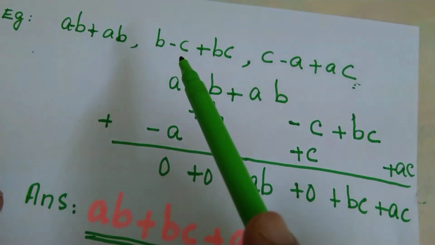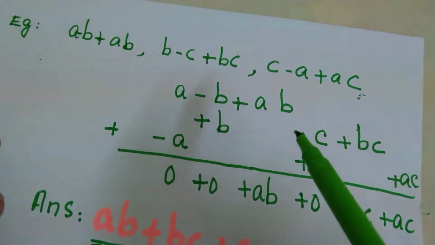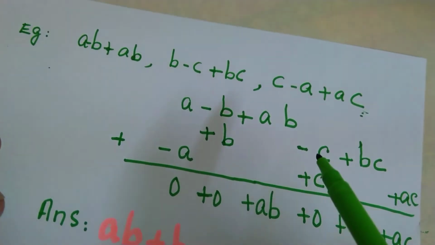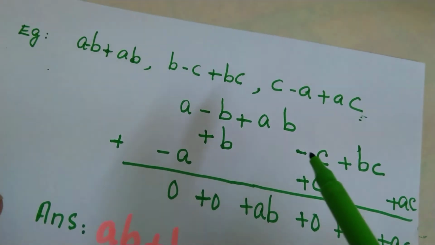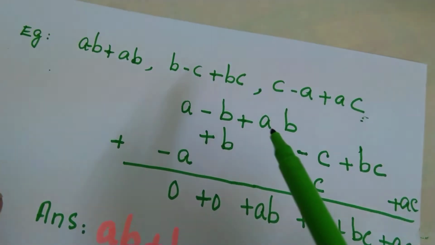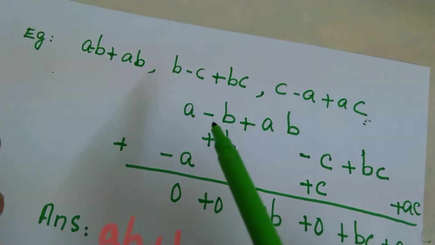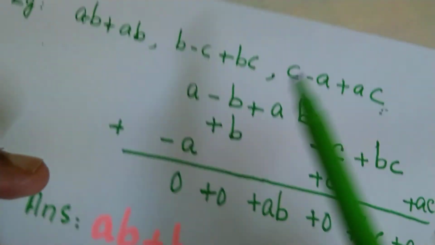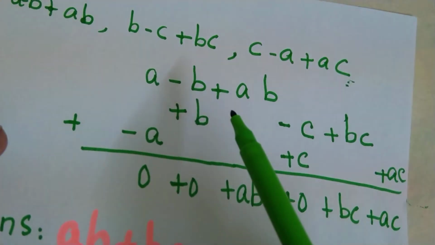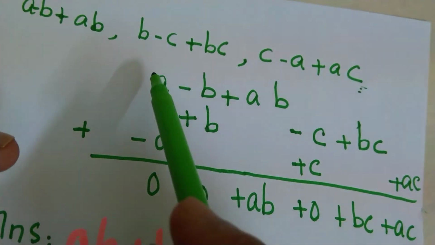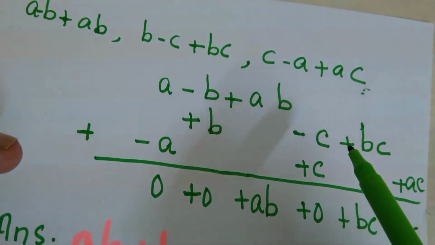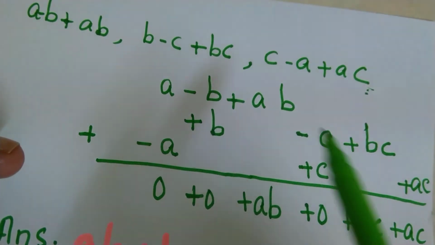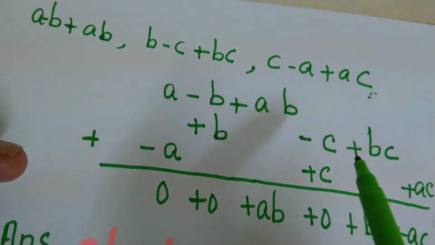Now minus c of this has come here because c is not a term of the first expression. Now this bc is also not in the first expression, so we will write it here. So like this we have written the second expression.